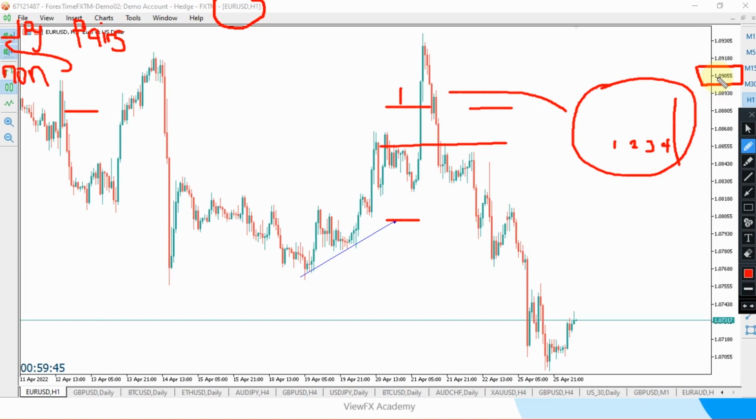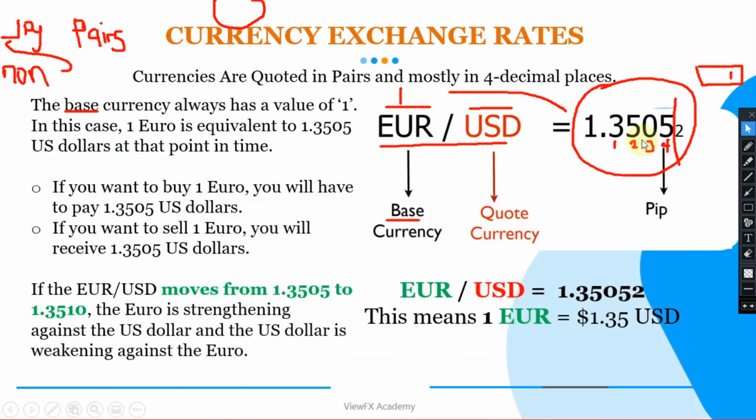After the decimal point, you have 5 numbers. What we are saying is that we forget about the last number and consider the 4 digits after the decimal point. So here we have 1, 2, 3, 4, 5. The 5th one you can see is small.